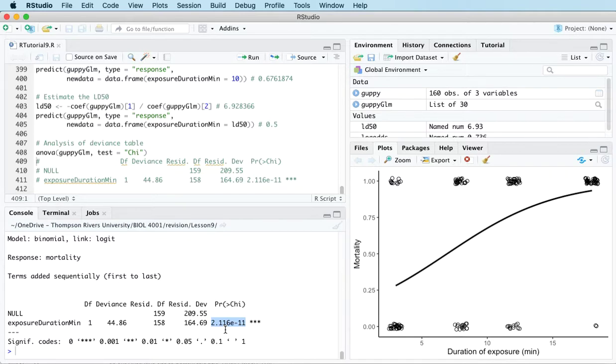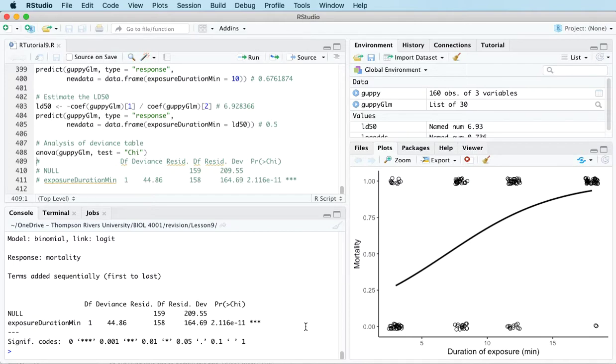So we're going to conclude that the regression parameter multiplying the predictor variable is not equal to 0. In other words, we have established a relationship between the response variable and the predictor variable. In particular, we could say that the duration of cold exposure does affect the probability of guppy mortality.